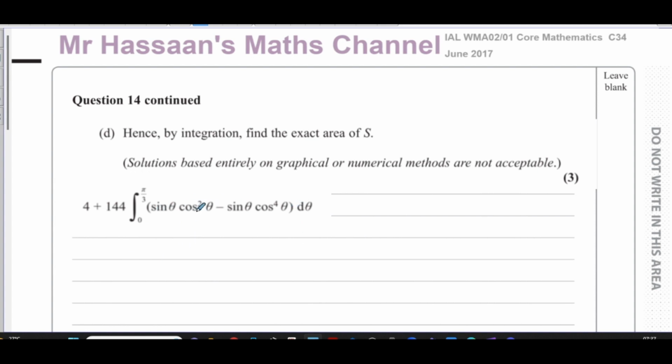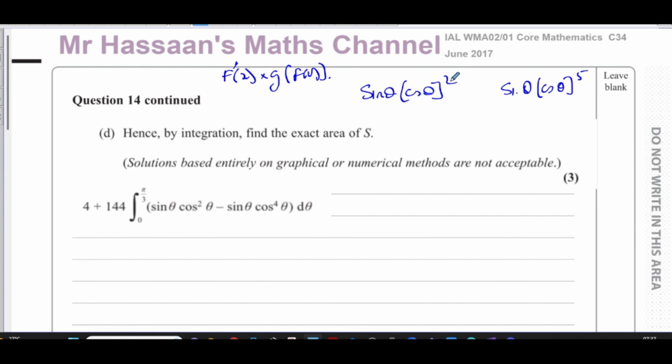Now, what I notice here is you have sine theta times cosine theta squared, and you have sine theta times cosine theta raised to the power 5. So it's like something where you have f dash of x times g of f of x. Inside this function is cosine theta.